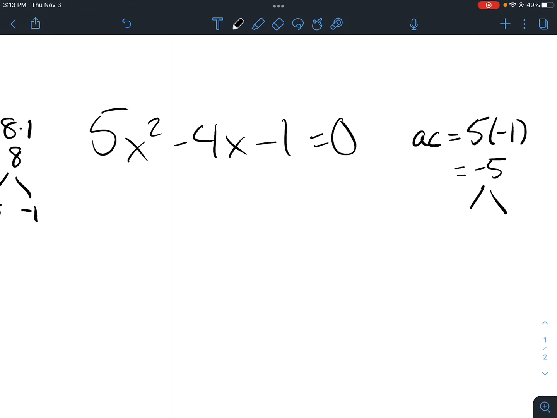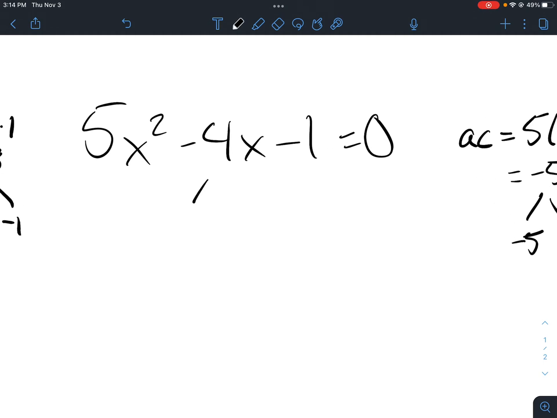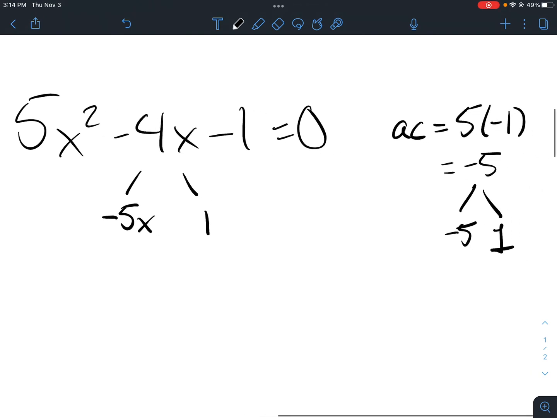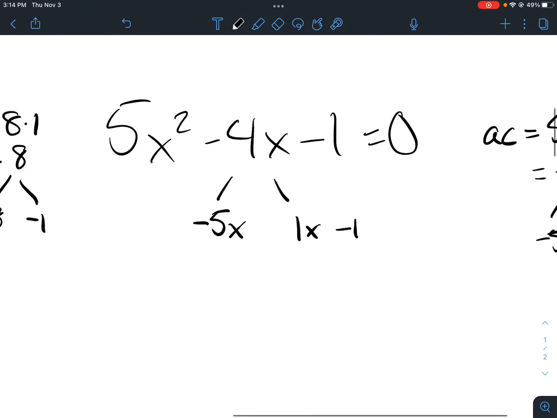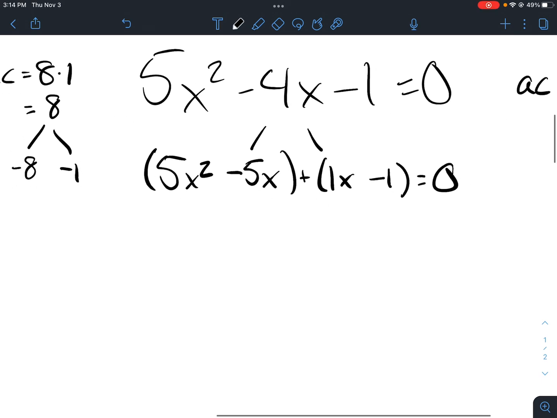And our factors of negative 5 that add up to negative 4 are negative 5 and 1. Now same process as always. We split our negative 4 into negative 5x and 1x. We bring everything else down. We draw in our parentheses and our plus sign. That's equal to 0. So that's the grouping portion.